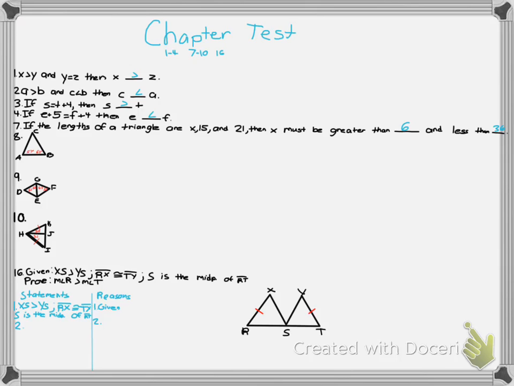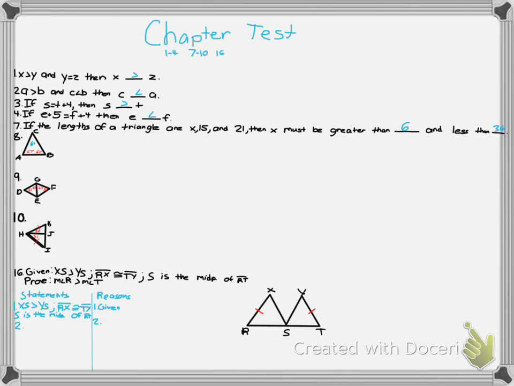And number 8. So we have to find which segment is the shortest. And since a triangle equals 180, and 57 plus 62 equals 119, we subtract that from 180, we would get 61.